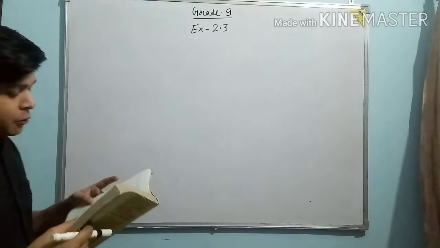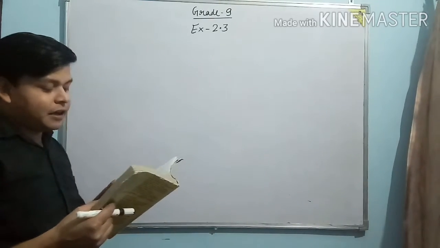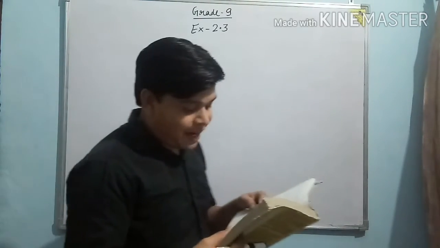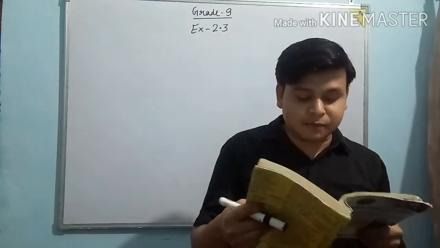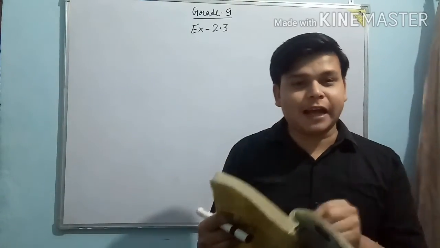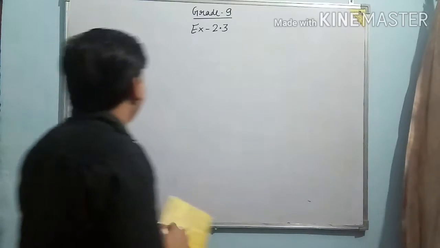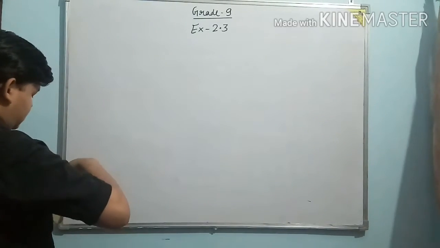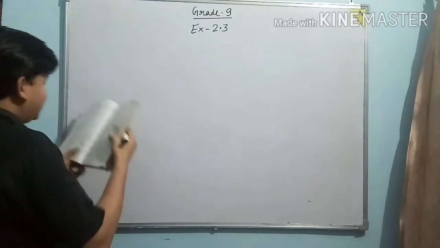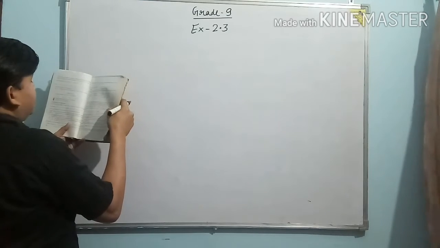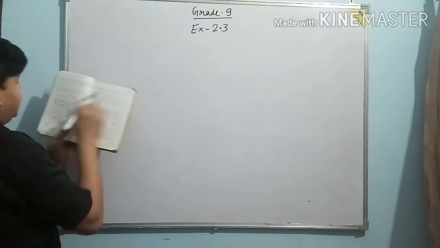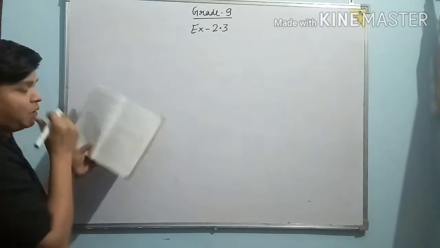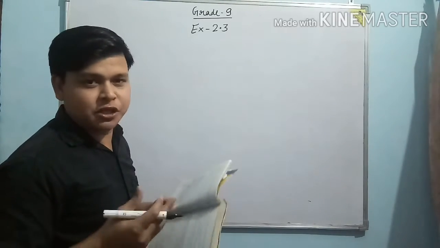This is also related to the first one. Find the remainder when x cube minus ax square plus 6x minus a is divided by x minus a. So as I told you, the divisor is x minus a. And the remaining part is the given polynomial which we have to divide. That means that is your dividend.